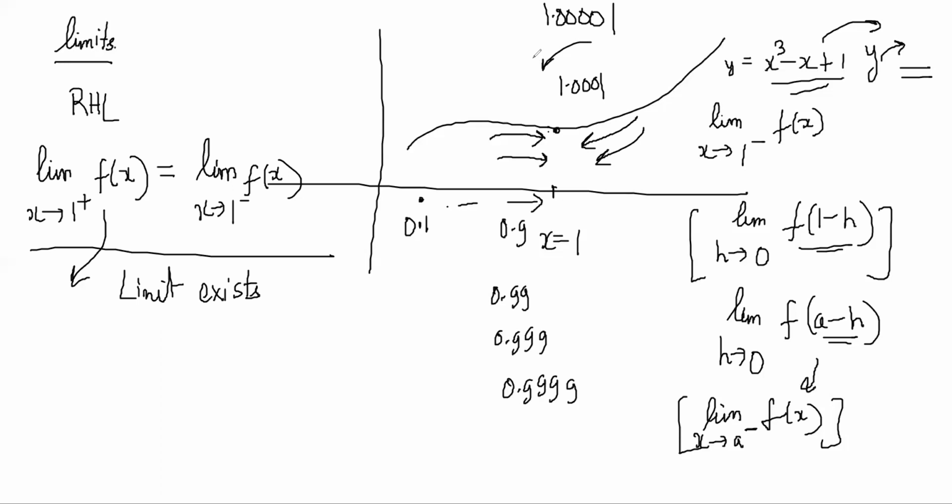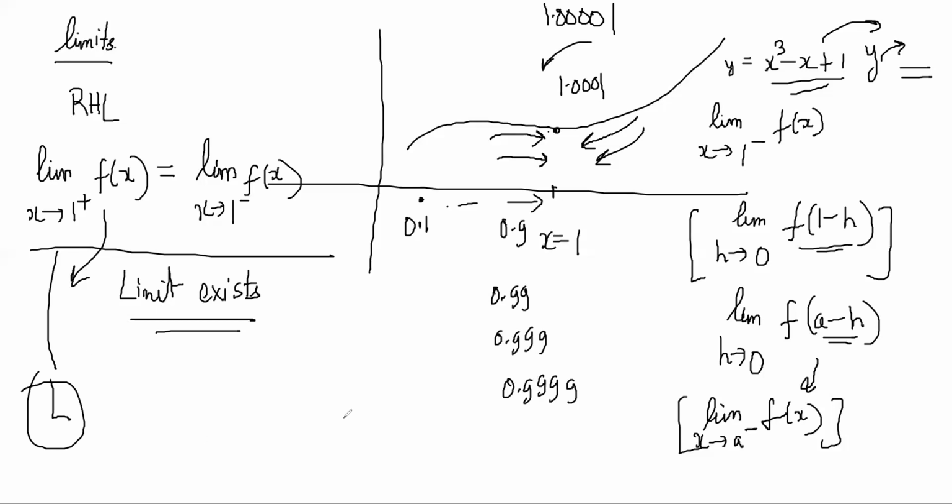So if the value of the function approaches the same number L from the upper side, the right side, or from the left side, if the number that comes, the value of the function, is the same, then you say that the limit exists and the limit is equal to that value.